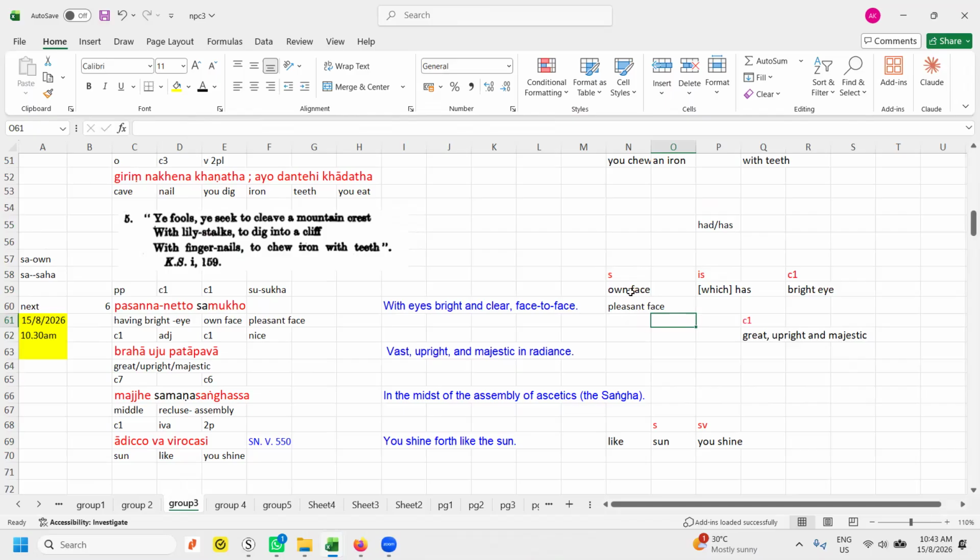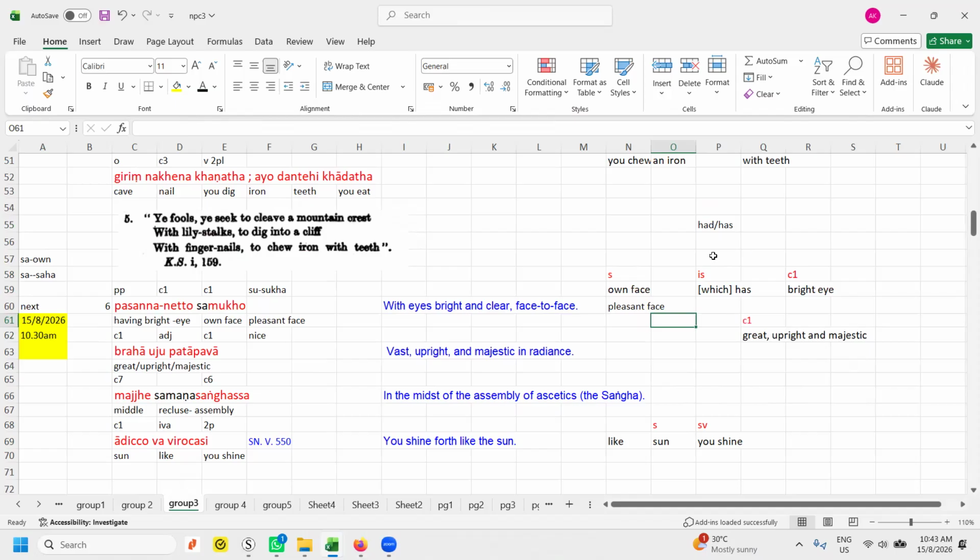We don't have to stick to PP, because you are describing a face. You cannot say face had a bright eye. You have to use a present tense.